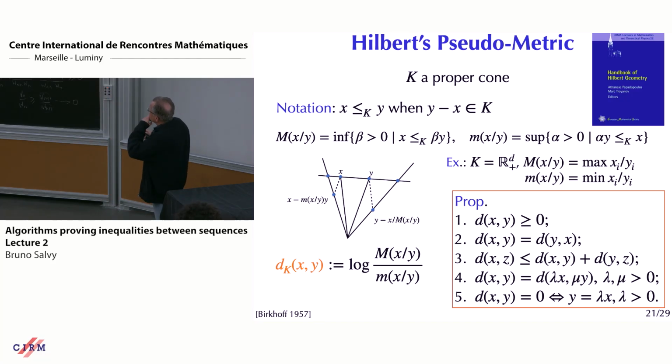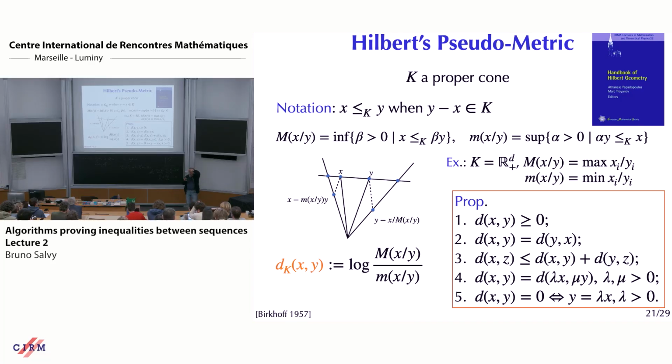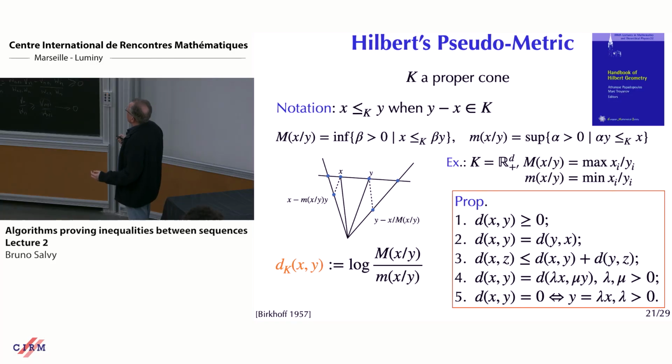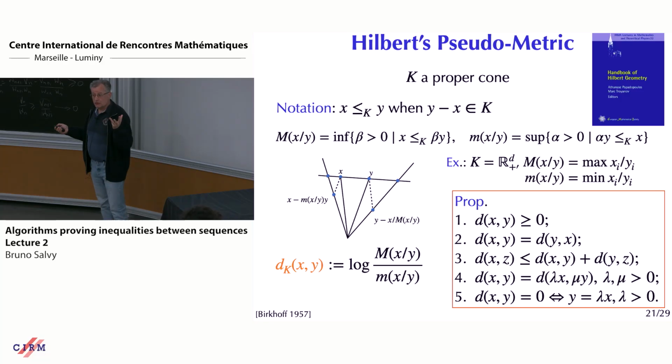d(x,y) is equal to d(y,x). Let's do it in that case. The max of xi over yi is 1 over the min of yi over xi. So with this, you get those things. Triangle inequality, it's the most mysterious, right?